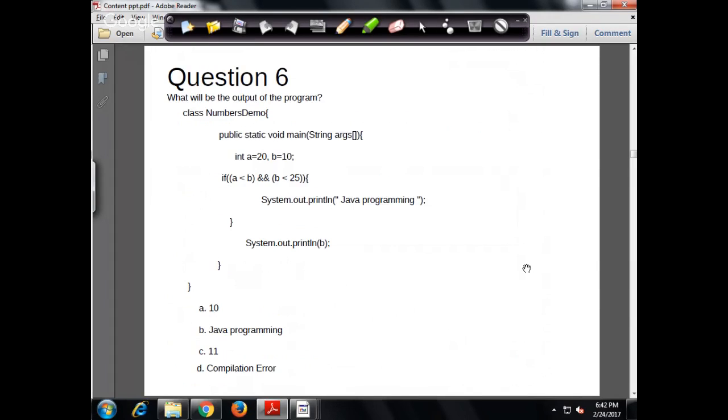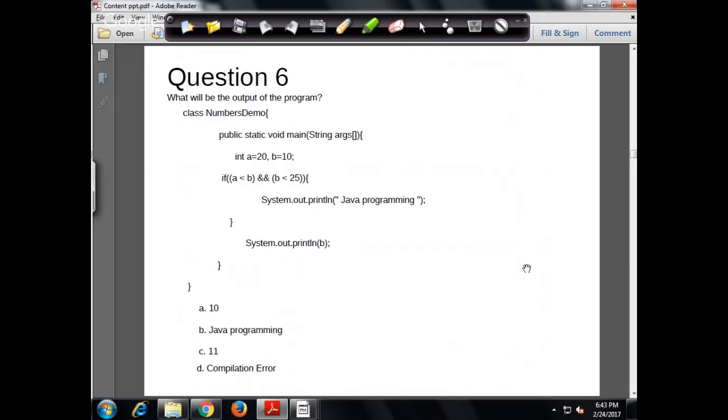Okay, so here's the next question. Here's the first question from the topic operators.